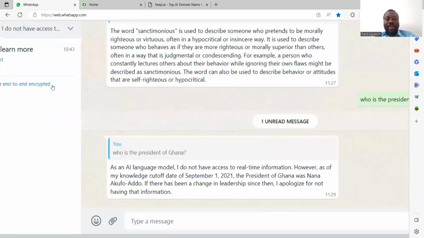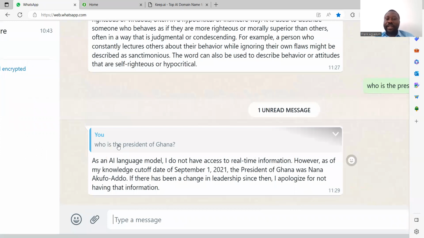Okay. Now remember that we gave Keepi-ai a question that who is the president of Ghana. Now it says that as an artificial language model, I do not have access to real-time information. However, as of my knowledge cutoff date of September 1st, 2021, the president of Ghana was Nana Akufo-Addo. If there has been a change in leadership since then, I apologize for not having that information.